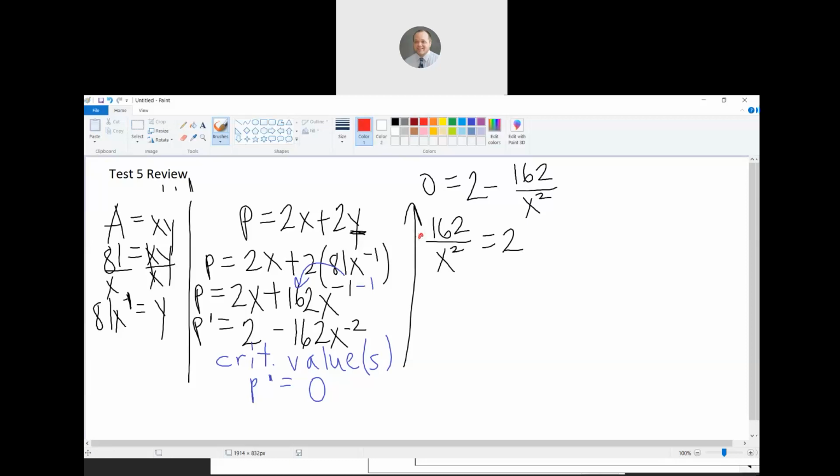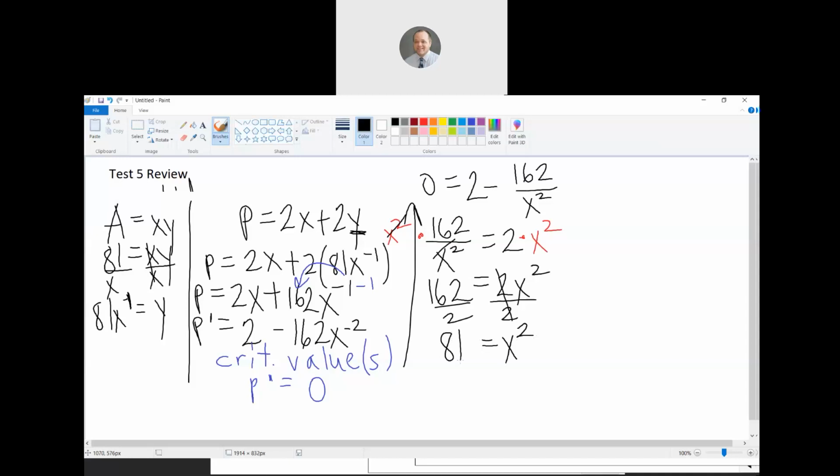I'm going to multiply both sides by x squared to get rid of that fraction. And that leaves us with 162 equal to 2x squared. And let's divide both sides by 2. We now have 81 equal to x squared.